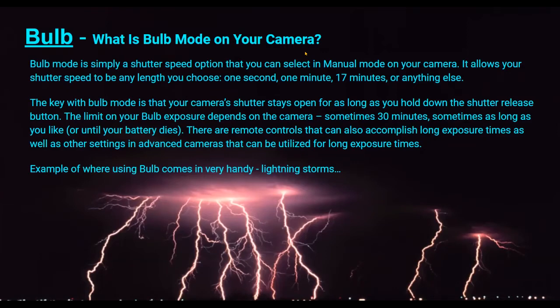That can come in handy with a number of things like special effects. Of course, the lightning storm is one of them. You've seen those photos where there's cars going by and you see the big long red streaks, those are their taillights. And on the other side of the street, you see the bright white lights, that's their headlights. So bulb has a lot of neat things you can do with it. You can just imagine some of the other things that you can do in the bulb mode. But most of the time you have to really dial down. For example, I want to take a photo of some lightning strikes.